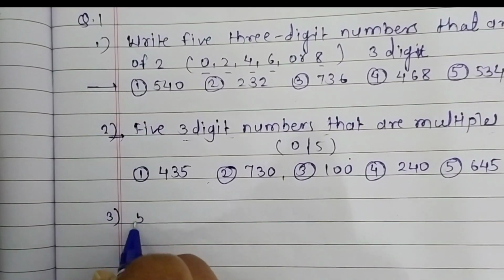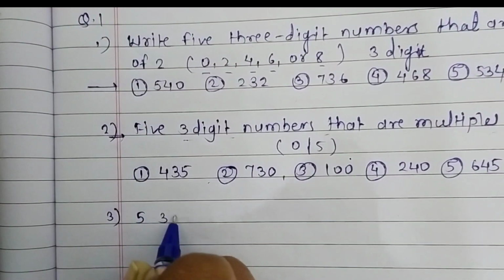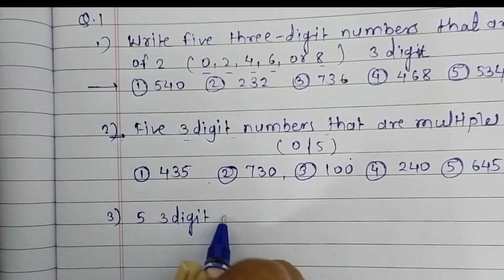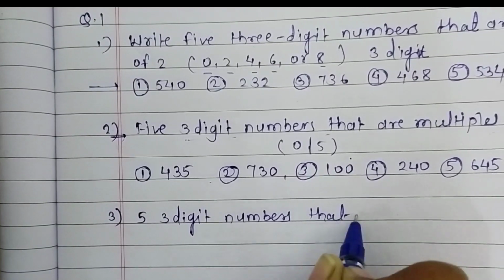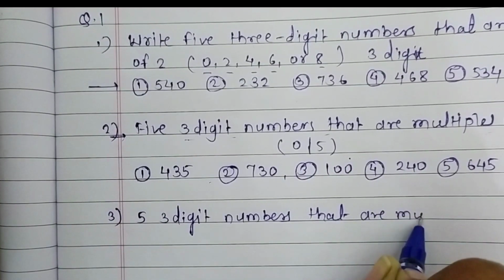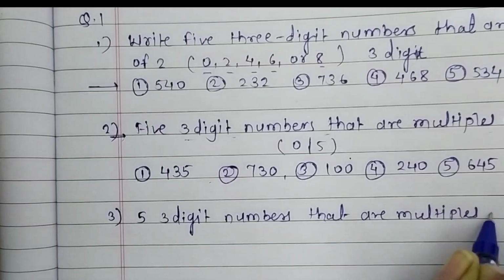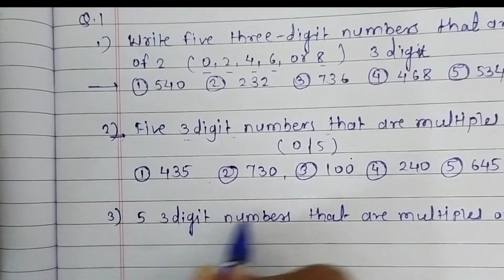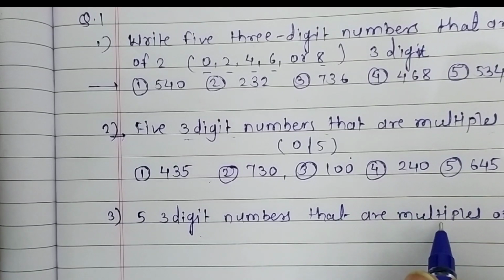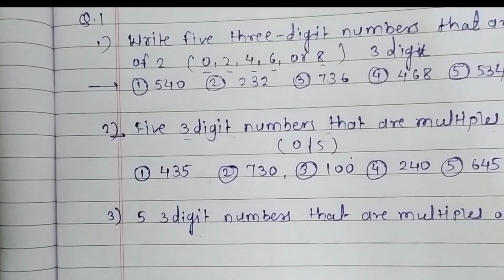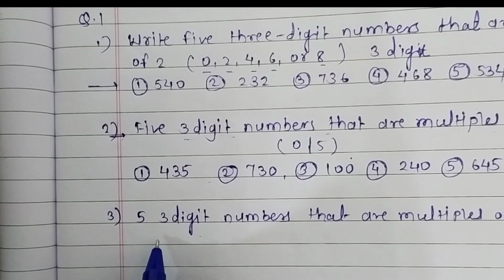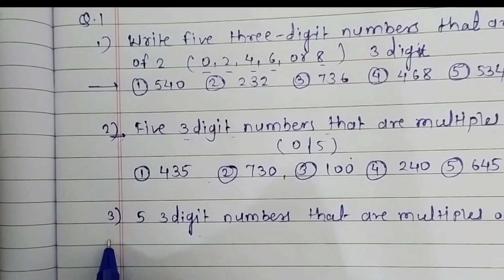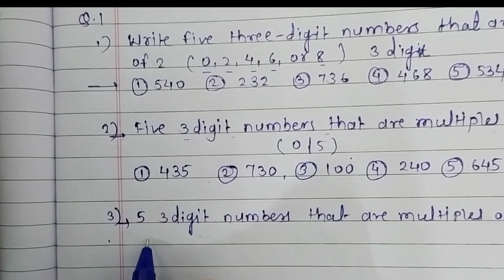So 5 3-digit numbers that are multiples of 10 are, 10's divisibility test tells us that there must be only 0 in the unit place of that number. So let's take only 0 for our answer.